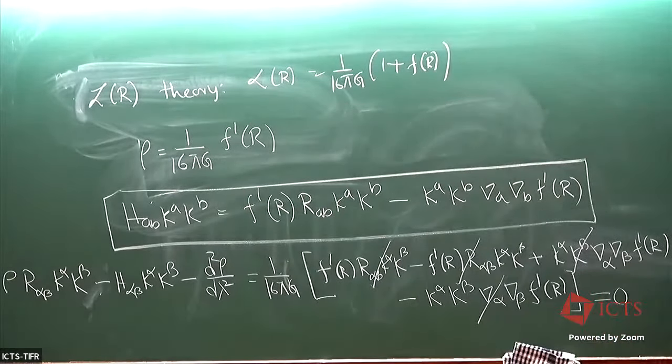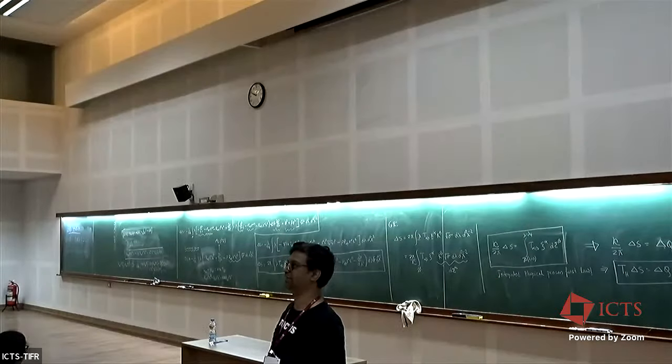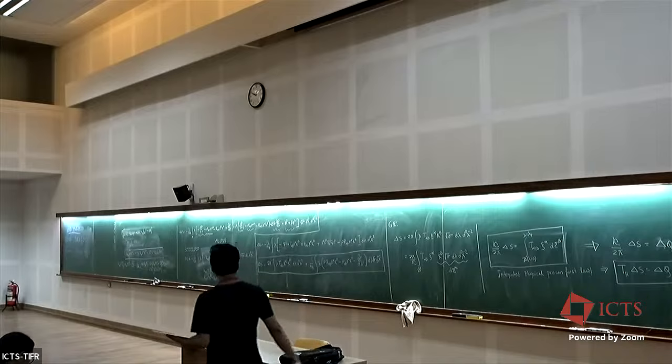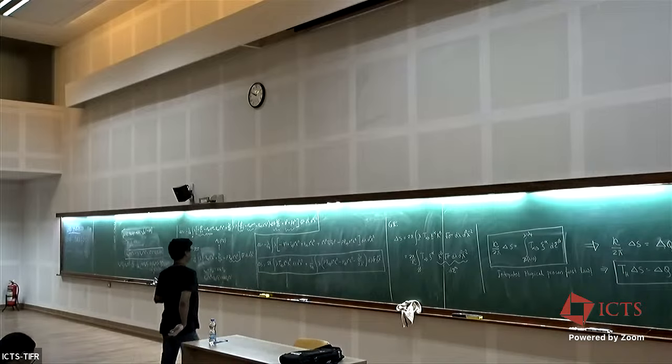It's remarkable, even though rho is not 0 for F of R gravity, this entire thing vanishes completely. You don't need it to vanish completely; you just have to show the first order part is 0. There is no first order part because we are doing linearized variation. But in F of R gravity, remarkably, it exactly goes to 0.